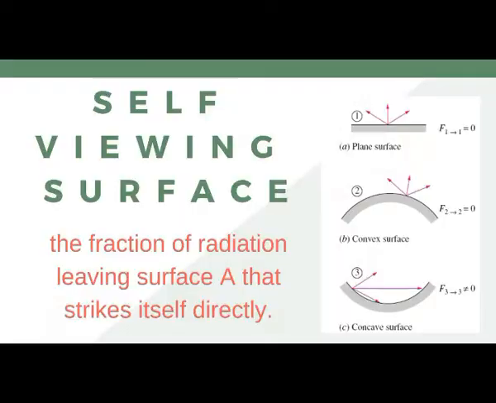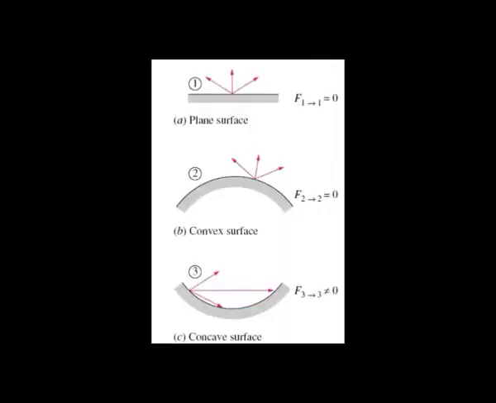The second one is the self-viewing surface. A self-viewing surface can be defined as the fraction of radiation leaving surface A that strikes itself directly. We have three types of self-viewing surface, which are plane surface, convex surface, and concave surface.